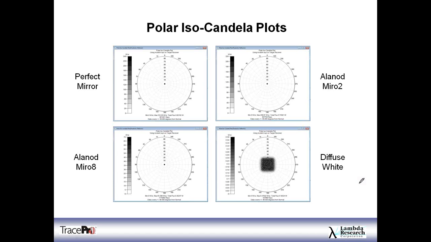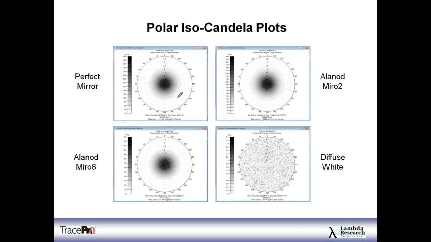Looking at the ISO candela plots, we're looking at the angular distribution on that target. Again, in this case, it's hard to see much of a difference, but I zoomed in a little bit on those. With a quick look, there's not a lot of difference here, but we start looking at the candela values. Here we're at 122 watts per steradian.